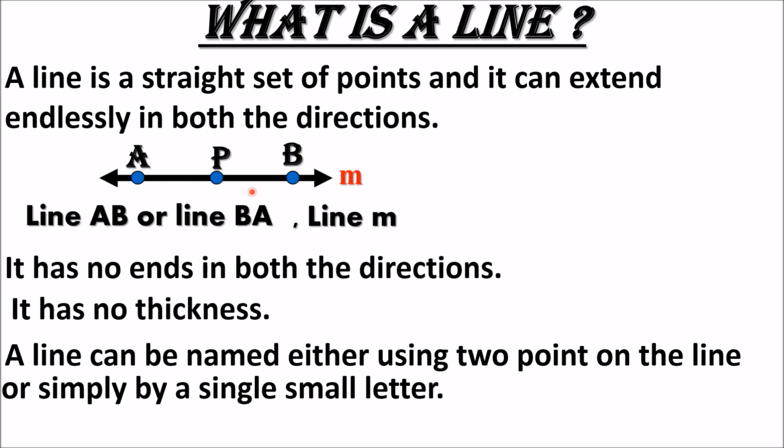Using points P and B, you can say that it is line PB, or you can say it is line BP. So in other words, you can say that a line has infinite number of names.